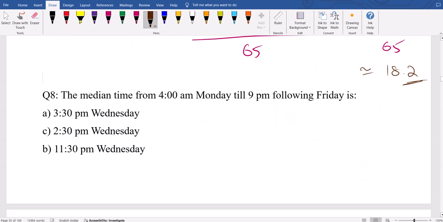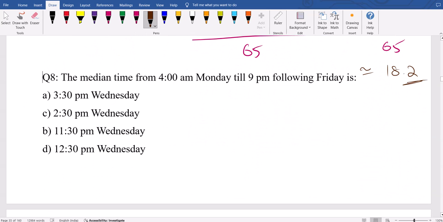Now this is a bit surprising and good question. Median time from 4 a.m. Monday to till 9 p.m. Friday. Guys, 4 a.m. Monday to till 9 p.m. Friday. See, Tuesday full day is there, Wednesday full day available, Thursday full day available.